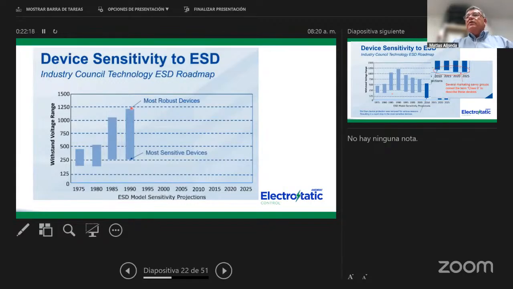In the past, we had robust devices, sensitive to 1,000, 3,000 volts, whatever.